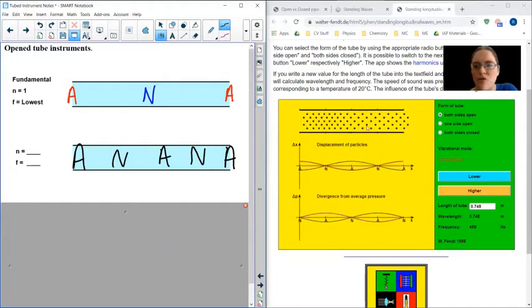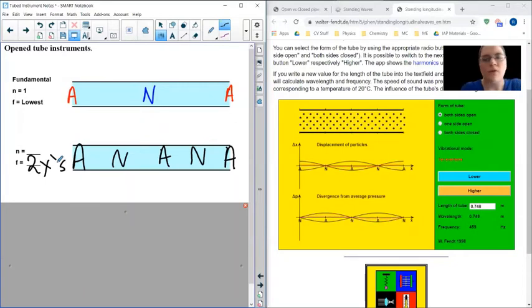You can see that the movement of the wave particles within the tube reflect that. We have movement at the end, a spot right here where there's very little movement, a lot of movement in the middle, no movement, a lot of movement at the end. And if we actually look at the frequency of this harmonic, the frequency of this harmonic is 459 hertz, which is very much approximately 2 times what we found for the first harmonic.